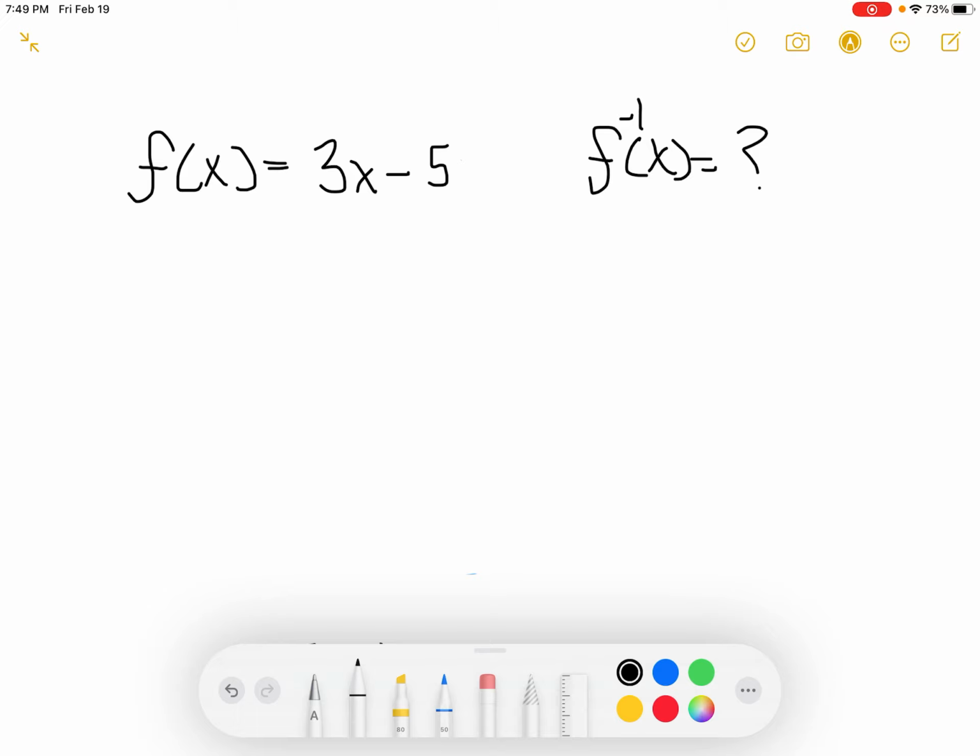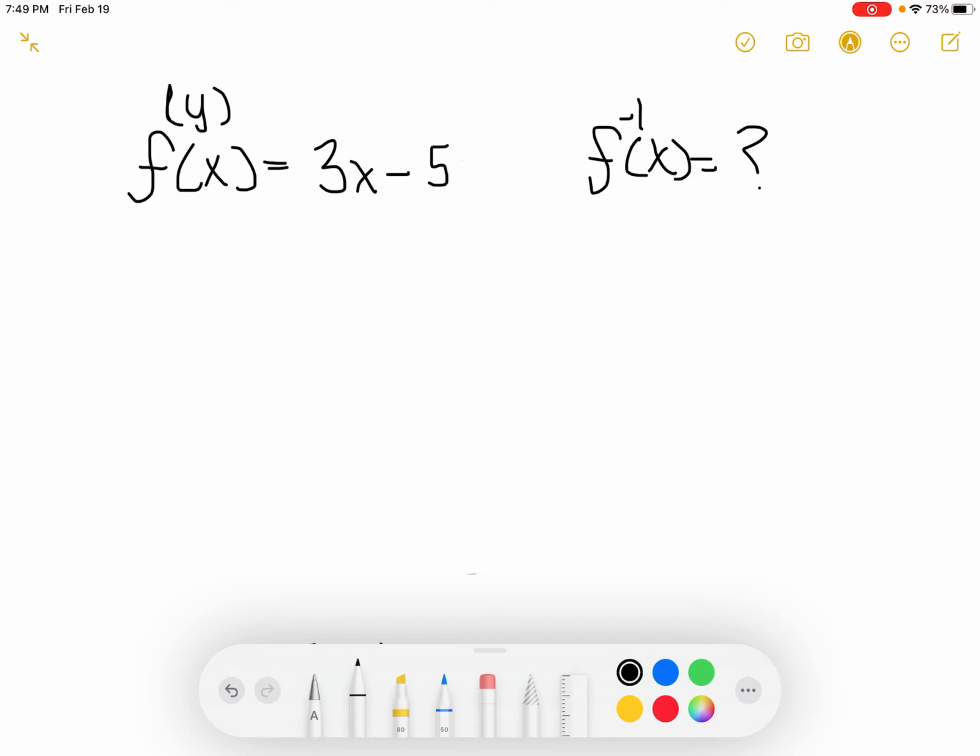Okay, well, how do you solve for that? Remember, f of x basically just means y, but it's there to help you remember that the x is a part of what it is. So basically this is y.